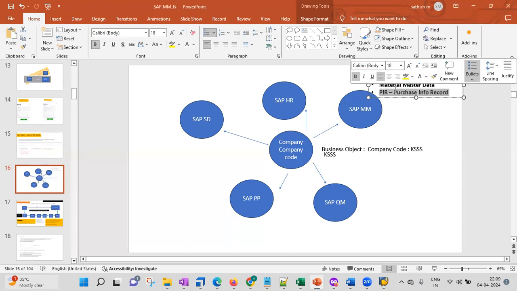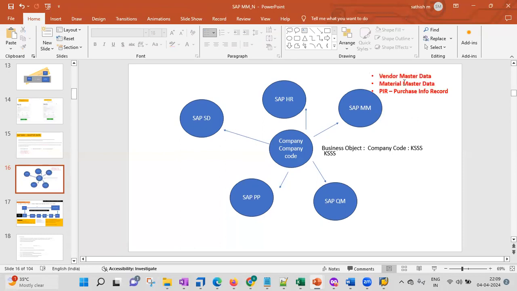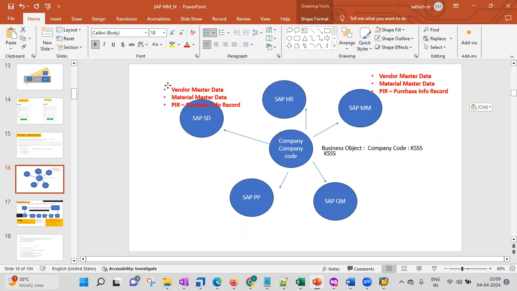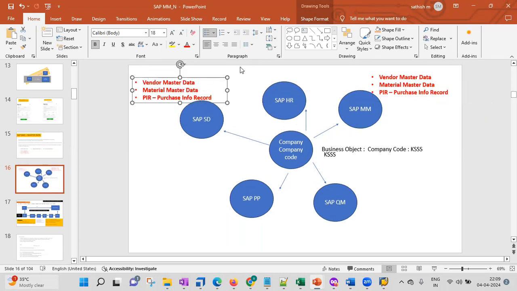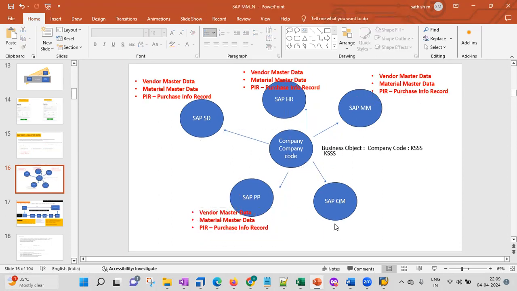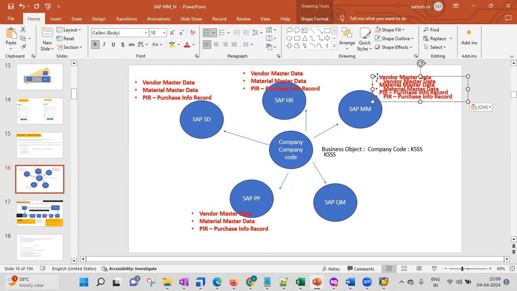Now, what I'm doing is, these are the master data of SAP MM. In the same way, we will also have the master data for another one, like SD, like HR, like SAP MM, like SAP QM.